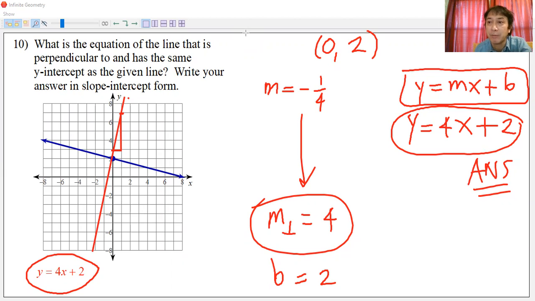It's positive because the line slopes upward to the right. We already studied that in graphing. So this is how to do it.